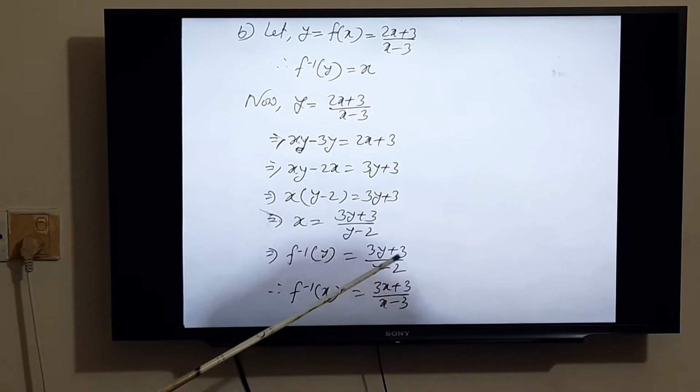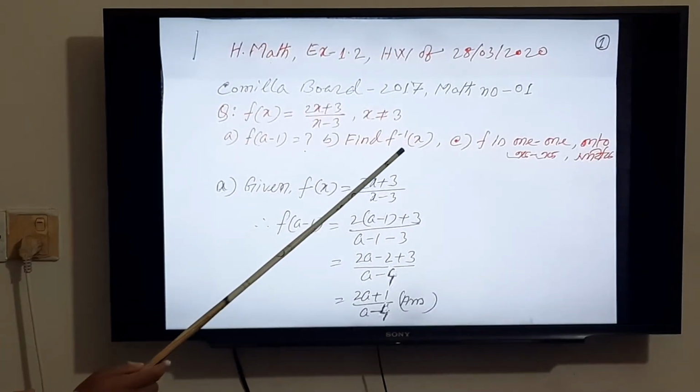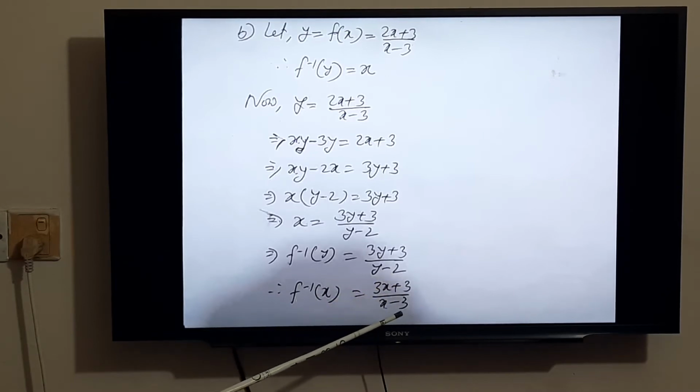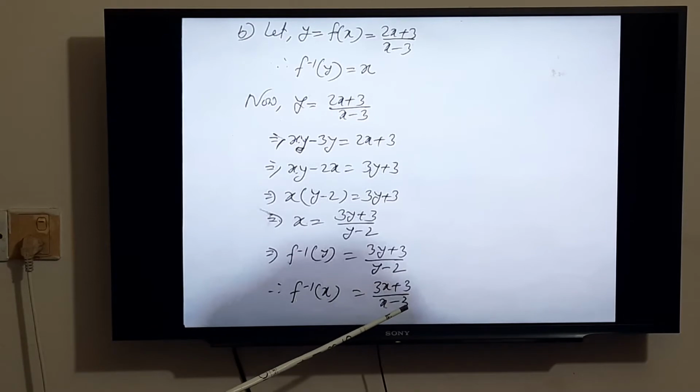Okay, this is our f inverse x. So f inverse x is equal to 3x plus 3 divided by x minus 2, but it had minus 3, but not minus 3, it will be x minus 2. Please correct it, x minus 2, not x minus 3.